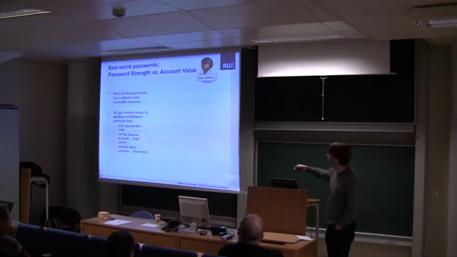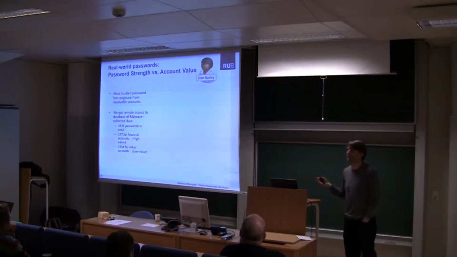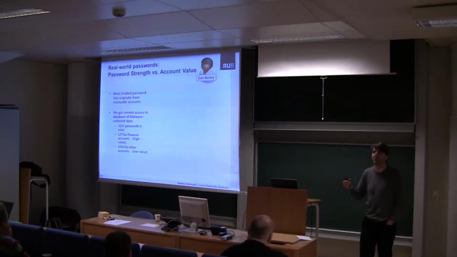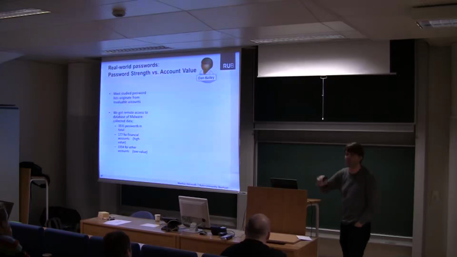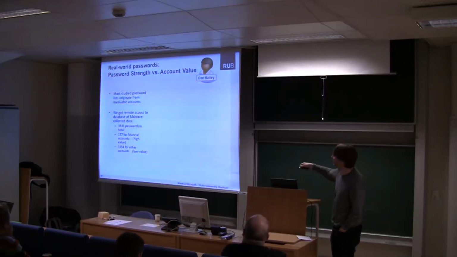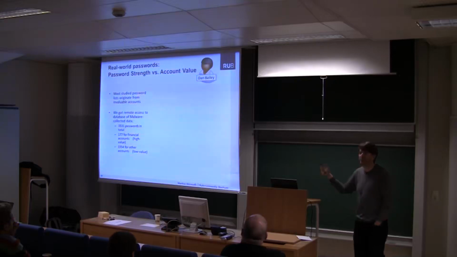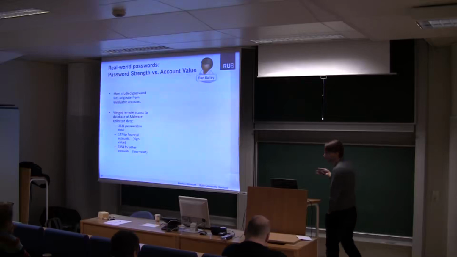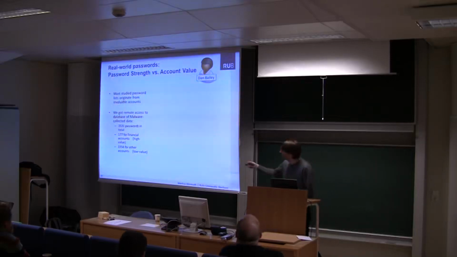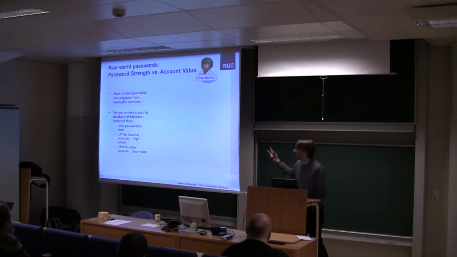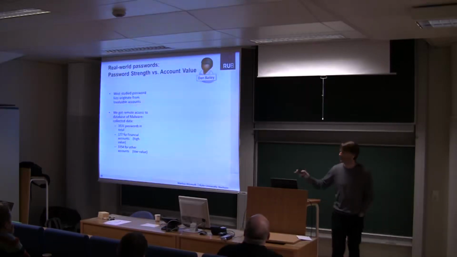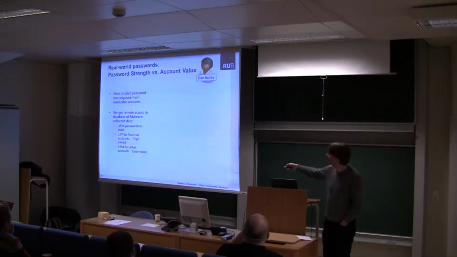We assume that passwords for financial accounts have a high value to the user, or at least that every user will understand that those are valuable. There's a difference between true value and perceived value, but we assume that financial accounts should have a high perceived value at least. So users should try to choose a strong password for those. And all the others are declared to be low value, which is of course not entirely true, but it's for the sake of comparing them with the certainly high value accounts here.